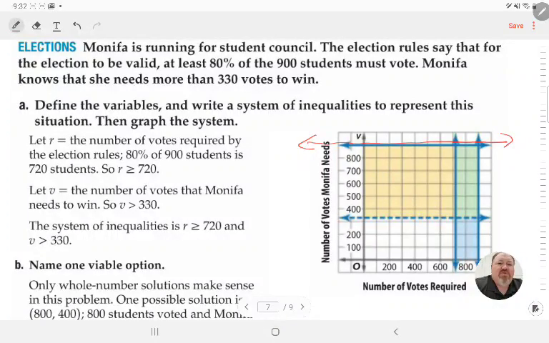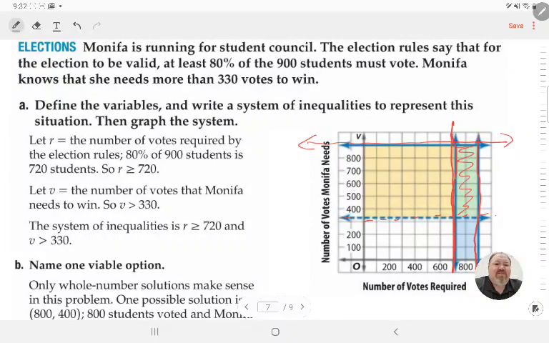So 720, she needs more than or equal to 720 votes. So that would be this area right here, okay? And we know there's a total of 900 students here, and so it would be this shaded area that she needs. And then on V, we have votes to win. She needs greater than 330. That would be this dotted line here, okay?